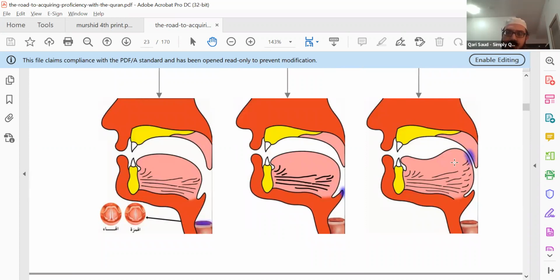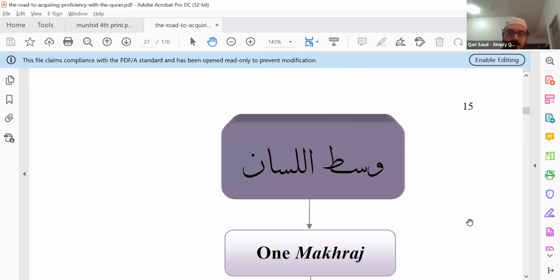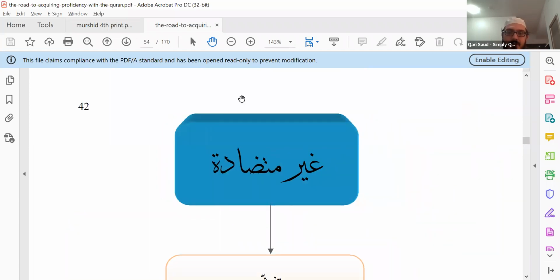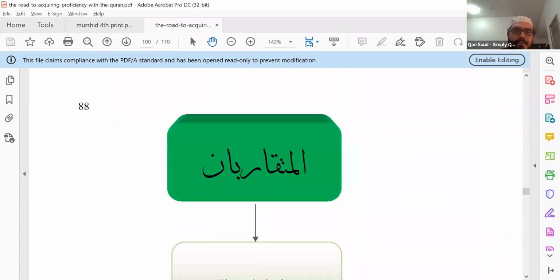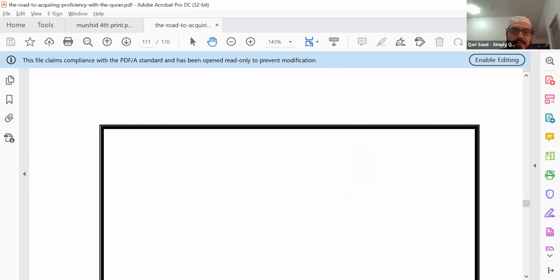Now in this picture here, it seems like it's the back of the tongue almost, but it's actually the top of the throat. Okay, then we'll skip this for now. And let's see which page we're on. I think it's 100. It's probably around here. So, okay, there it is.